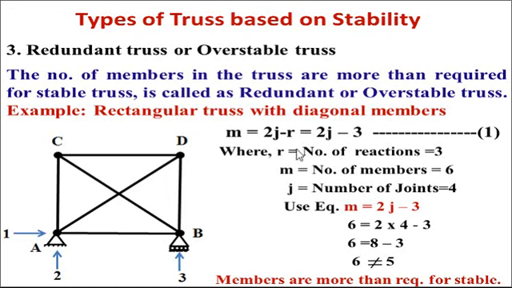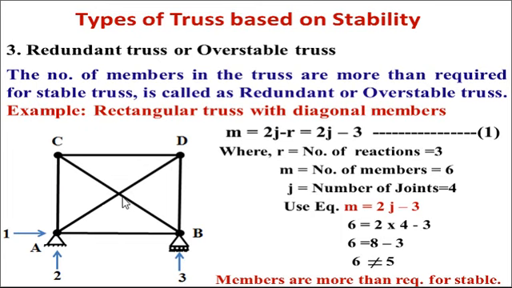If we check the stability using this equation, you will come to know that here you will get 6 is not equal to 5, means M is more than 2J minus 3, means one member is extra. So how many members are there? 6: 4 external members and these 2 cross members. So total 6 members.